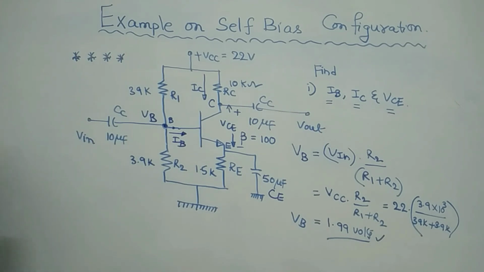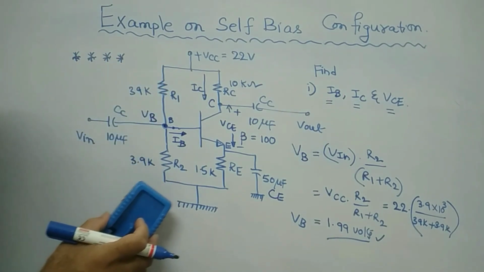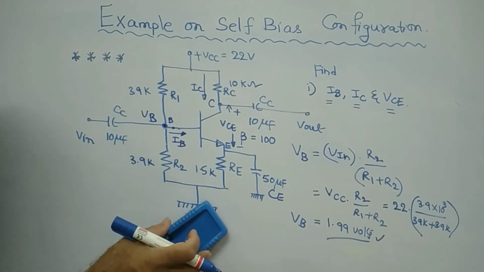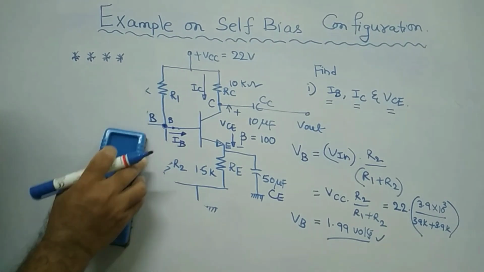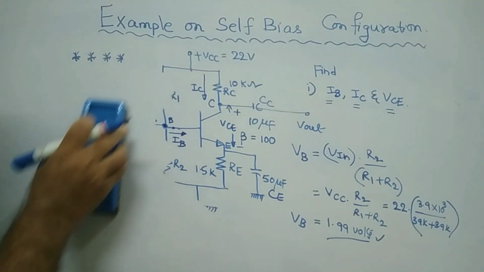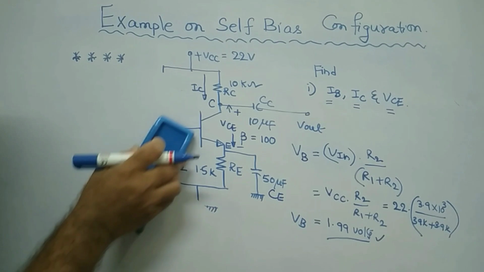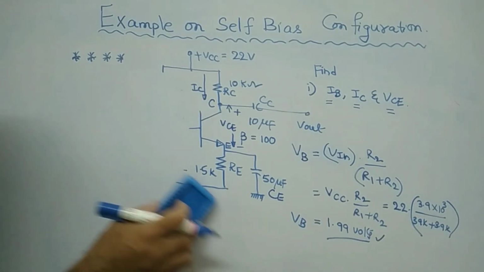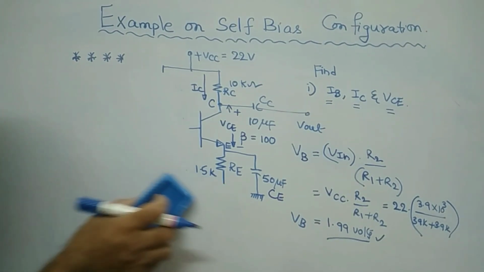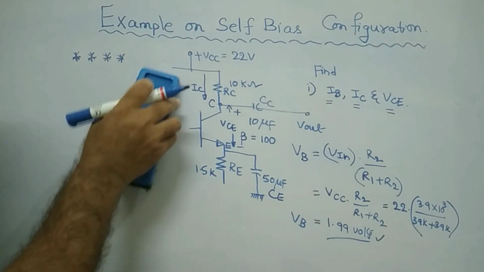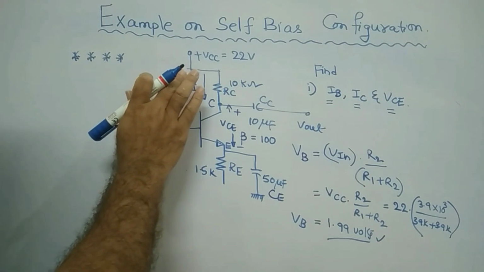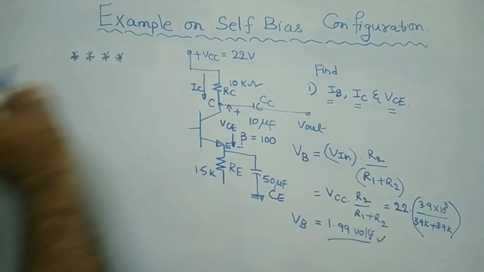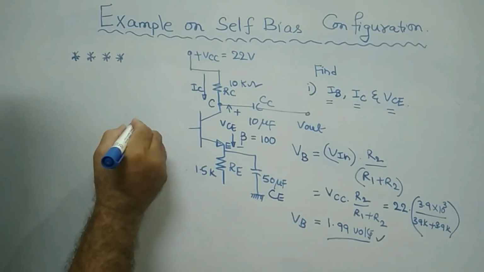Then this circuit can be simplified. I keep the circuit the same and see how I can simplify it for finding IB.